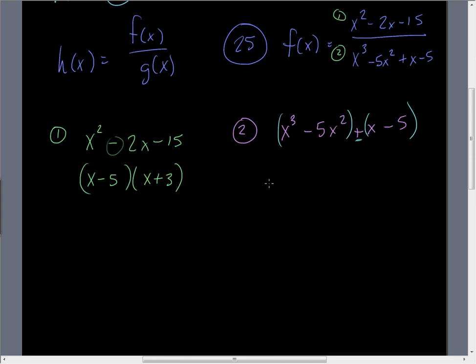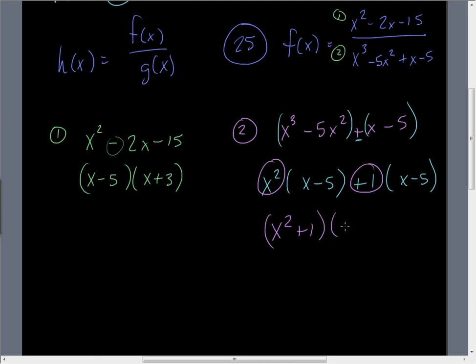That gives me x minus 5 over here, plus 1 times the quantity x minus 5. According to our distributive property, this thing is being distributed, and so it's x squared plus 1 times x minus 5. That's called grouping. If you Google factoring by grouping, they'll give you a few hints on how to do it.